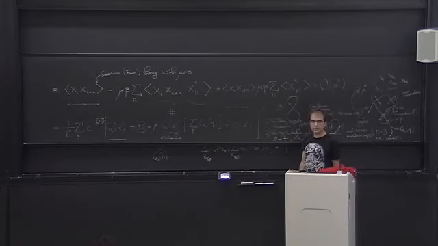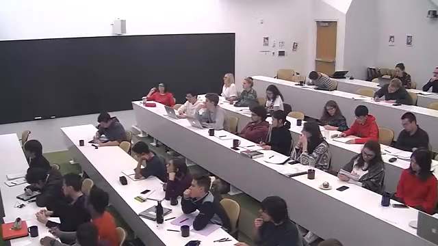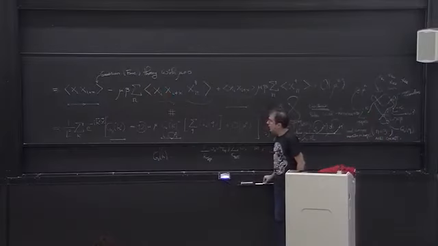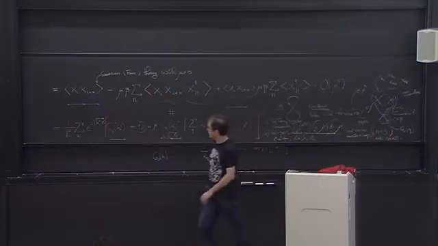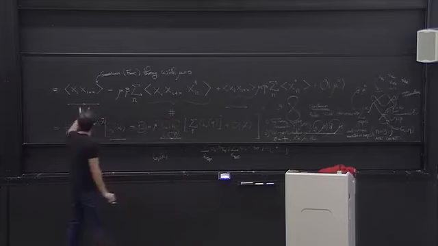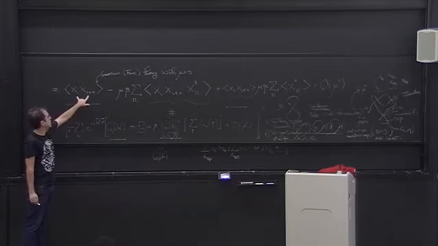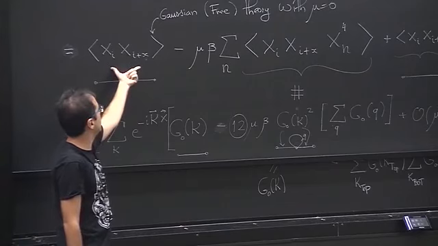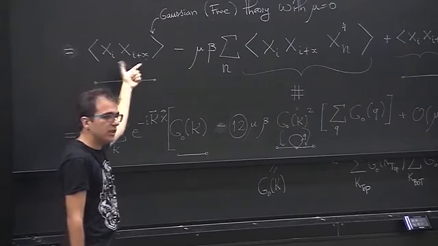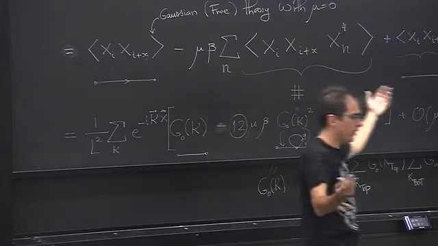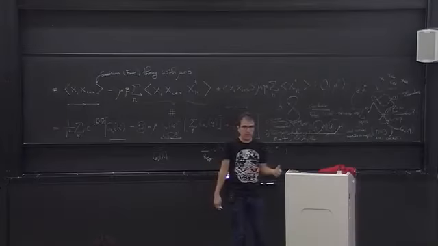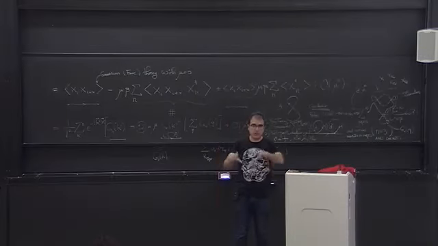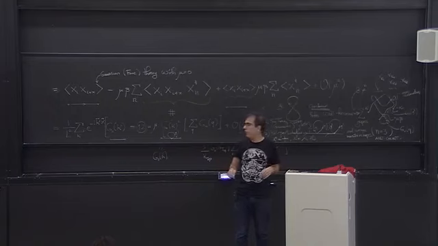Do you always cancel the disconnected graphs? That's an excellent question, and the answer is it actually depends. So if you consider, for example, a 4-point function, you could have a product of disconnected contributions, where you have a product of two 2-point functions.